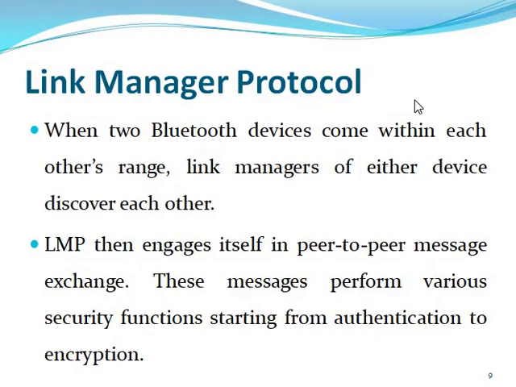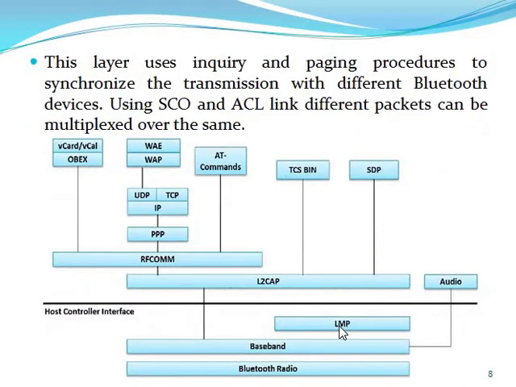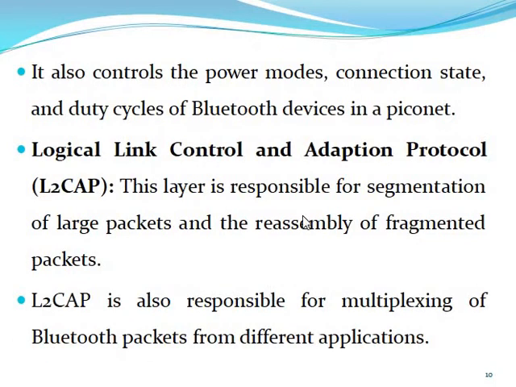The link manager protocol is important for the Piconet, and it is used for peer-to-peer connection and authentication. So authentication and all the management activities use the link manager protocol, LMP. So this is the baseband connection. Also, L2CAP manages the packets and segmentation. So this is the importance.